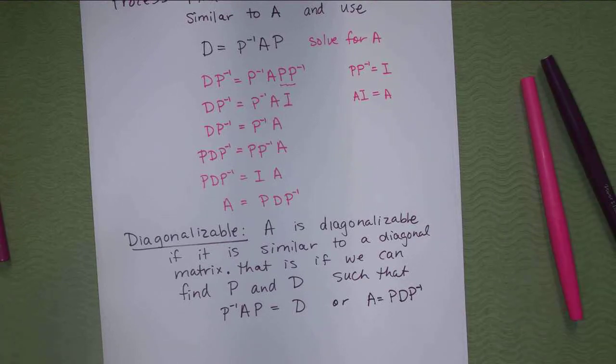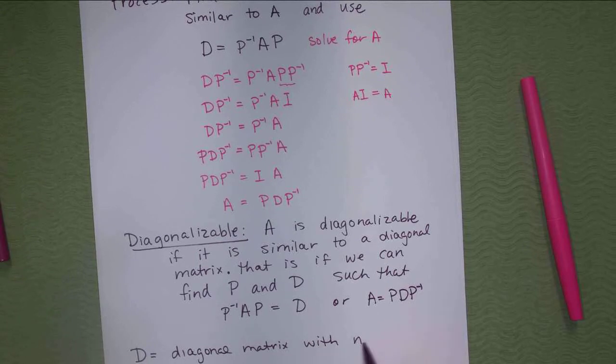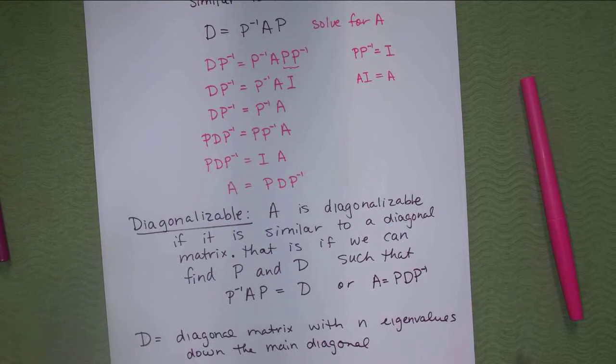Some matrices can't be diagonalized. D is the diagonal matrix with n eigenvalues down the diagonal, zeros everywhere else because it's a diagonal matrix.